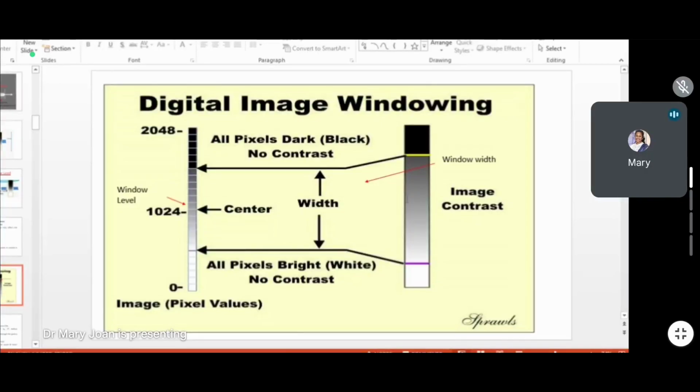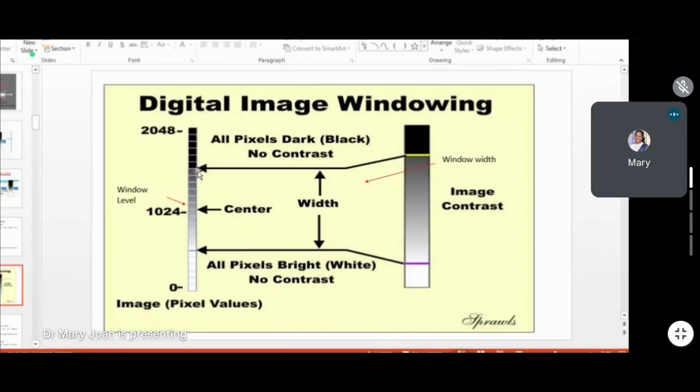So in this you can see that when the degree of darkness is too high, there is very little contrast or practically no contrast. When the degree of darkness is very light or very low, then also there is no contrast.